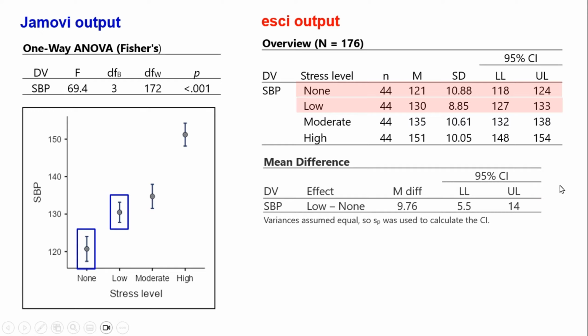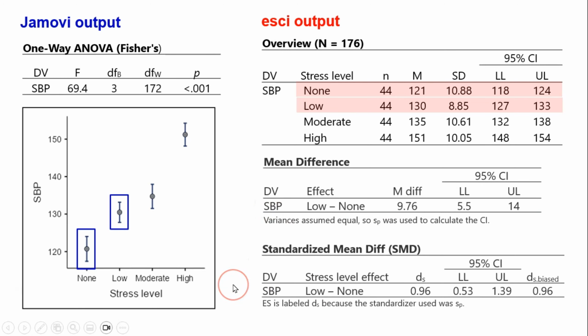And of course, your analysis would not be complete if you didn't include an effect size. So let's look at the table for that, right down below here. That's our standardized mean difference, or our D value effect size, which you're a little bit familiar with now. So we have our dependent variable. The stress level effect, again, is the low minus the none.